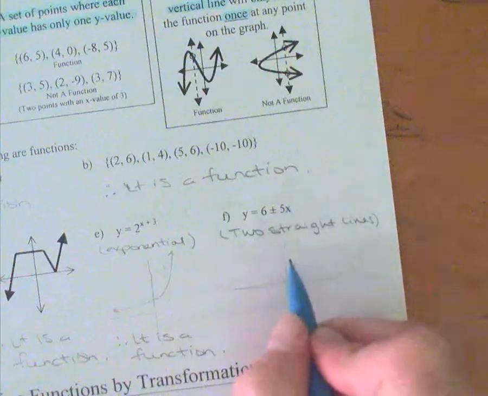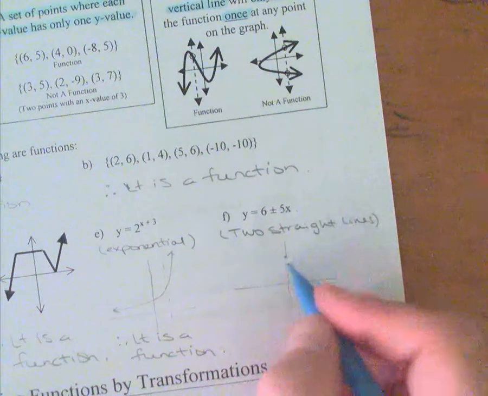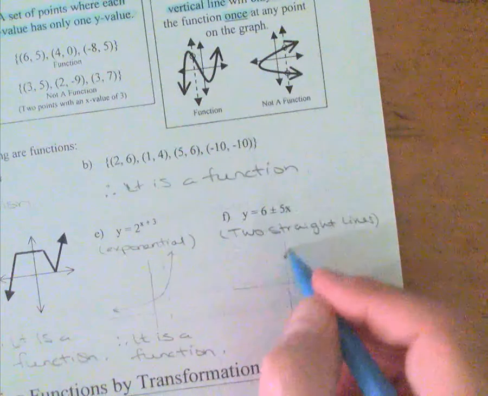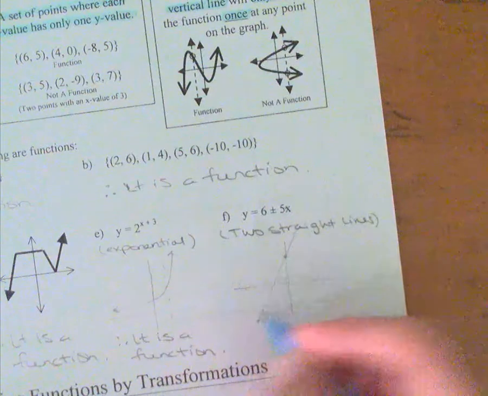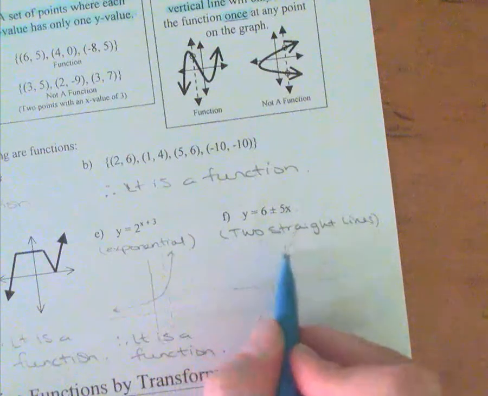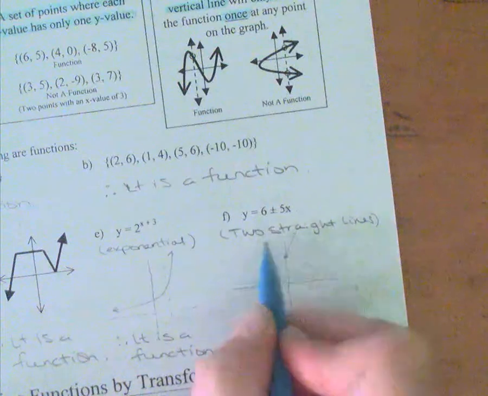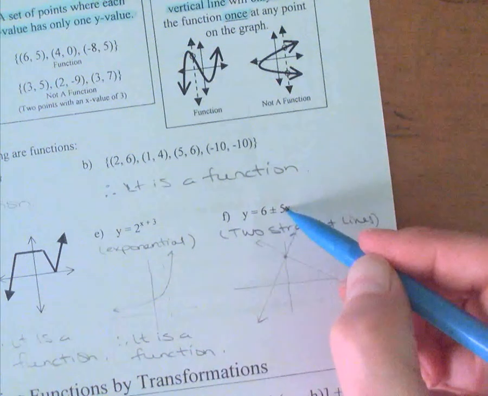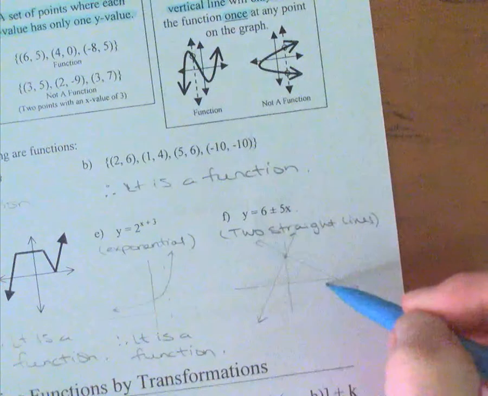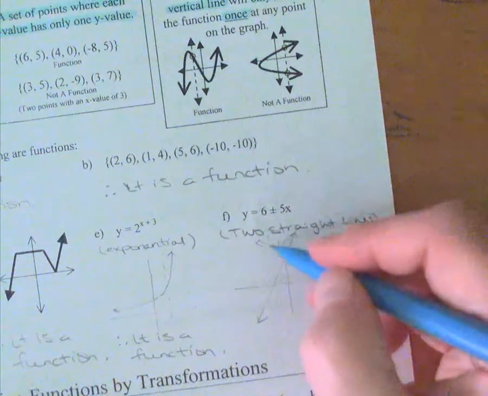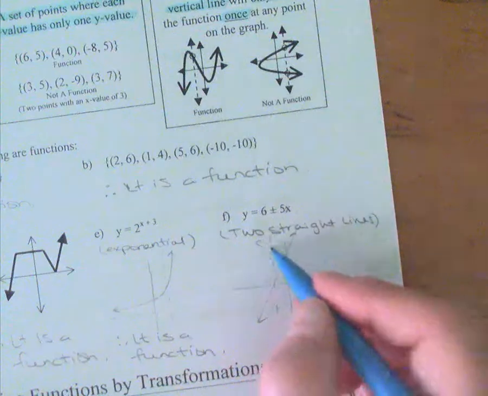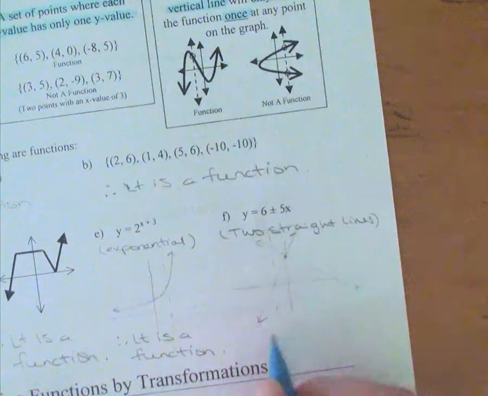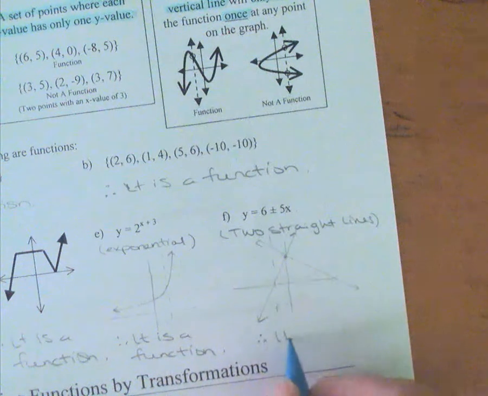Well, they're both at a y-intercept of 6. One is going up. The other one is going down. The plus 5x has a positive slope. The negative 5x has a negative slope. And if I do the vertical line test anywhere I want, I'm going to hit twice. So therefore, we can say it is not a function.